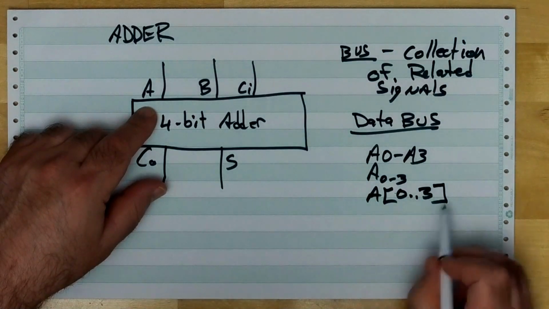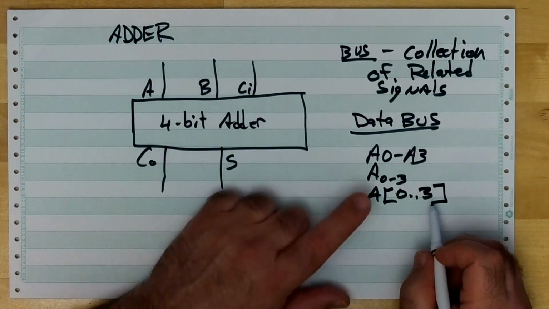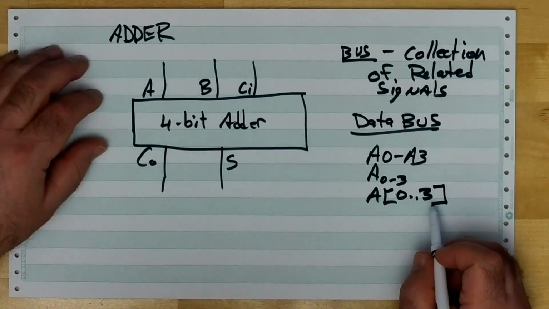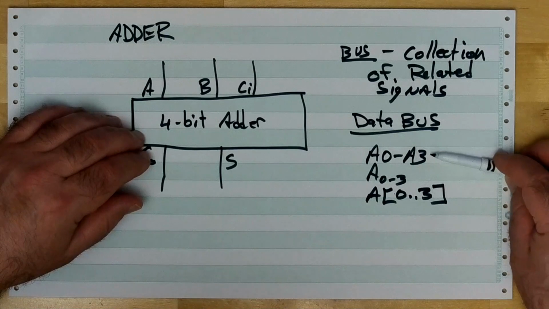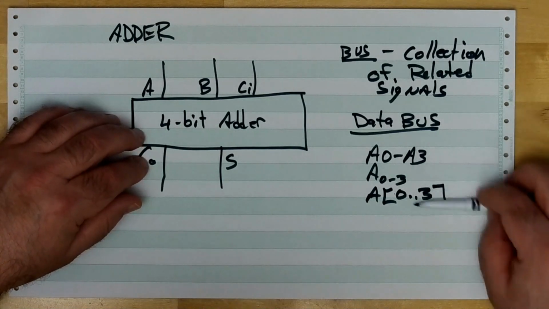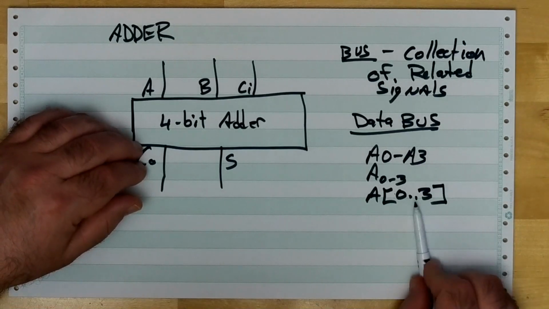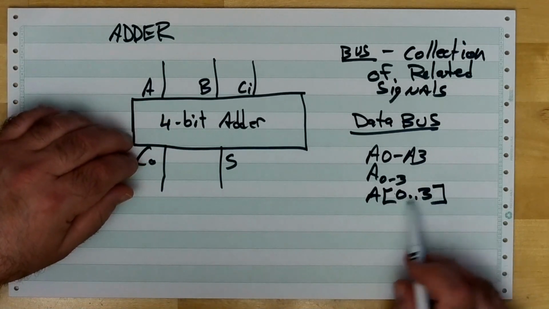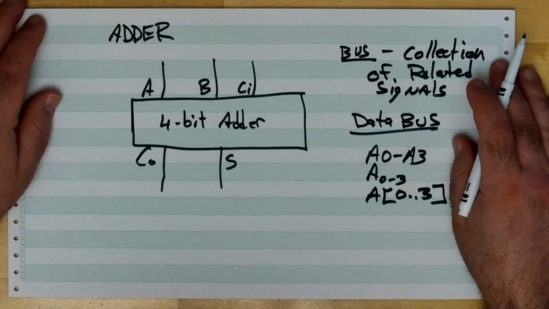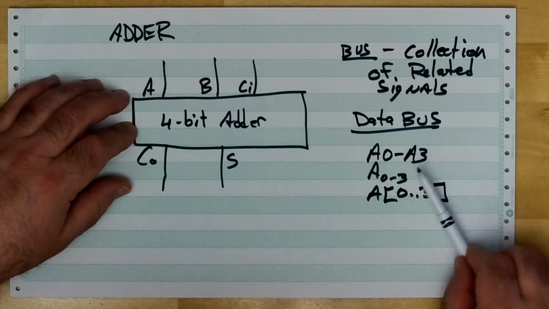I don't do this when I'm writing by hand, but it is a very common notation in the CAD package that I use when I draw up schematics. If you Google around on the internet looking for circuits, you'll see all 3 of these notations and possibly even more. Sometimes you might see a colon instead of the 2 dots, or maybe they'll reverse the order of the numbers. There seems to be no shortage of ways to represent this.